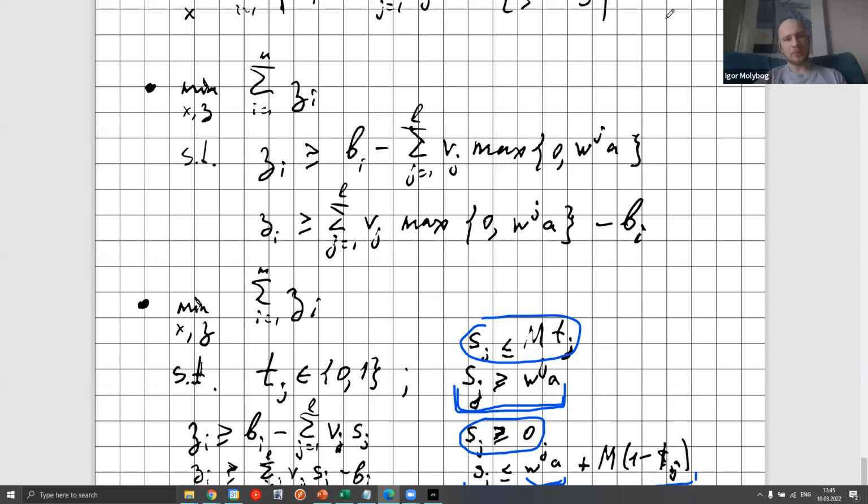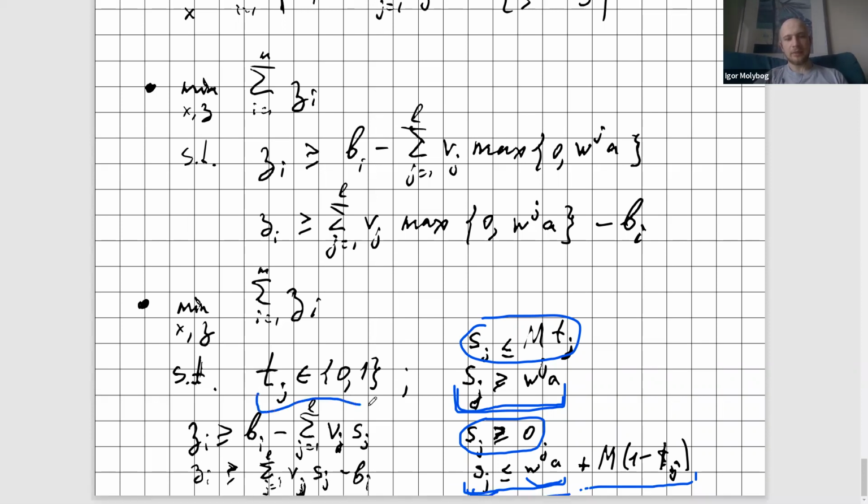Okay, a little confused between TJ and SJ. So basically, the role of TJ is a signaling role. It's an indicator that is telling us if we are in one of the cases: if wja is greater than or equal to 0, or wja is less than 0.